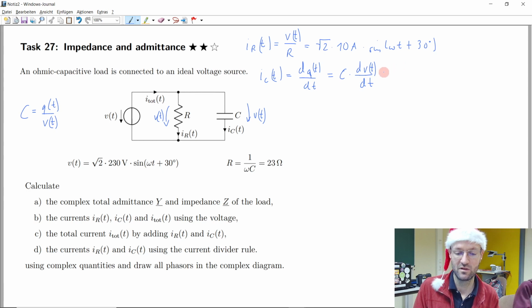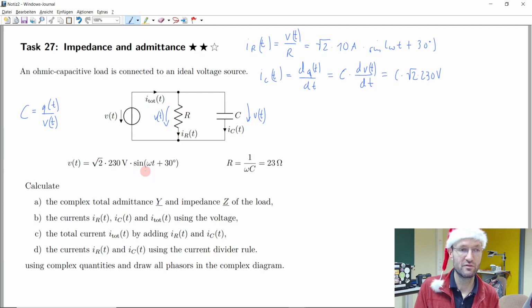And we need to multiply with C. Okay, so C multiplied with, then I will just copy this, square root of 2 times 230 volts, because this is some constant factor that we can just write before this time derivative.